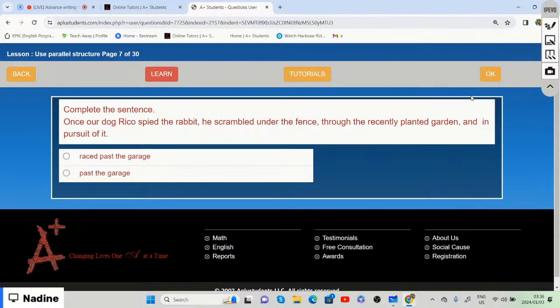Once our dog Rico spied the rabbit, he scrambled under the fence, through the recently planted garden, and do we say "and raced past the garage in pursuit of happiness," or "and past the garage in pursuit of happiness?"